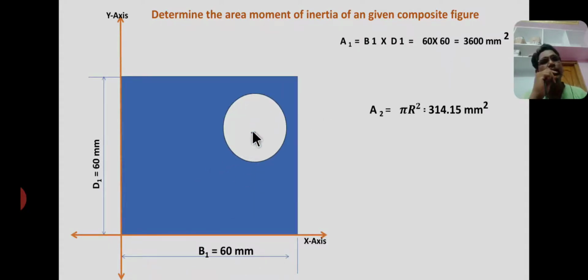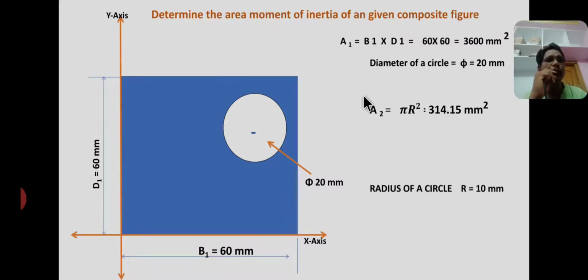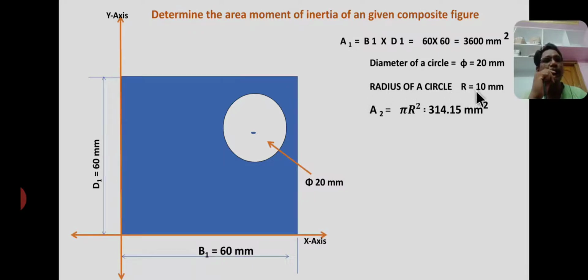Now I consider the hollow circle as section 2, having dimensions phi 20 mm. Phi means diameter 20 mm. And radius equal to half of the diameter. Therefore the radius of the circle is r equal to 10 mm. The area of a circle equals pi r square or pi by 4 d square.